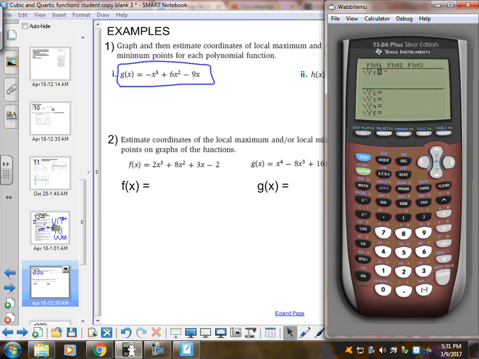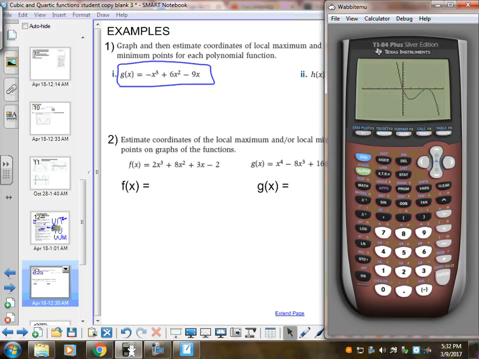So I've got negative x cubed plus 6x squared minus 9x. Okay, graph.